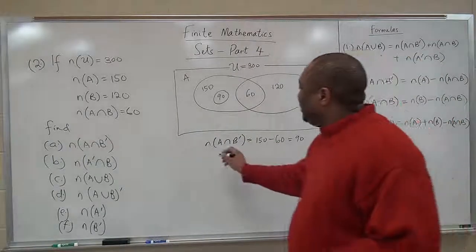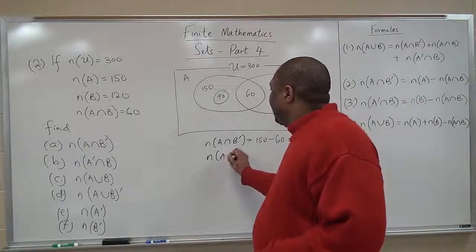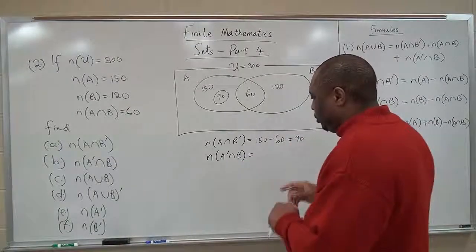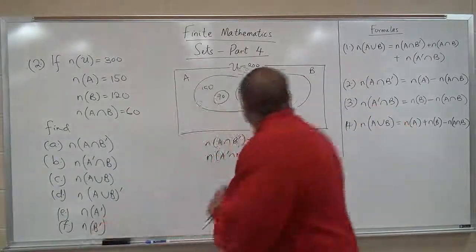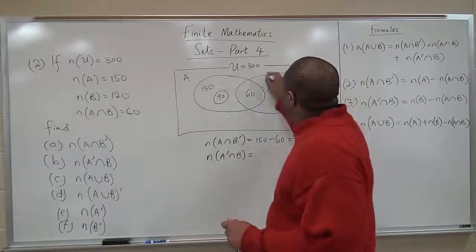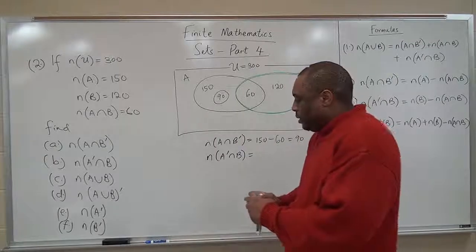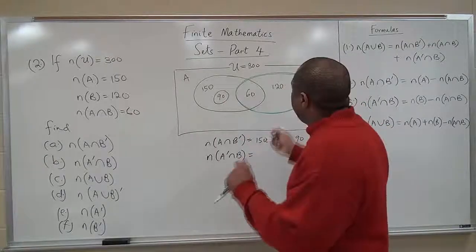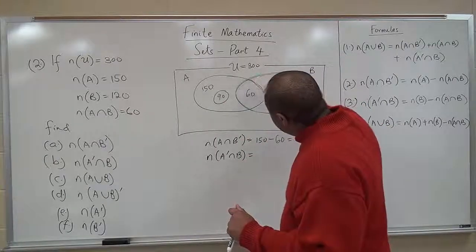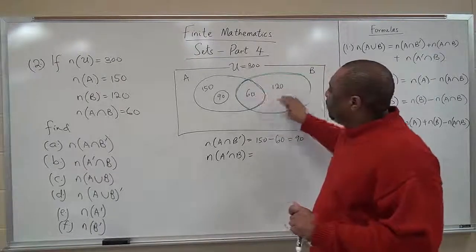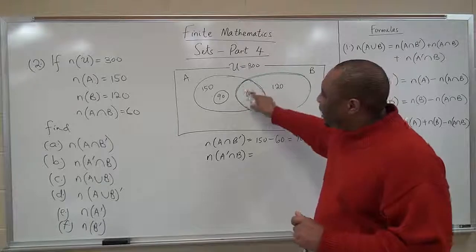The next one, cardinality of A prime intersect B. Only B, no A. This entire thing is B, but this small part here is also part of B, and it comes with A. So to find only B, it will be this entire thing minus this small part.